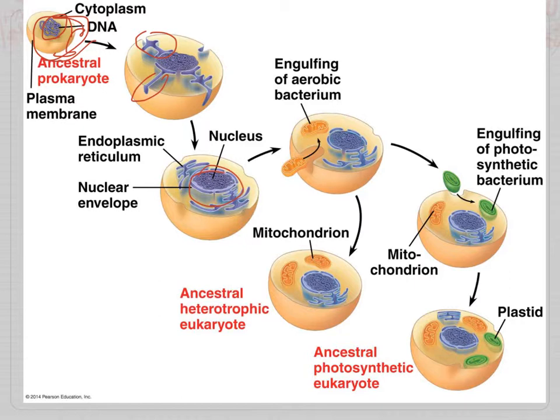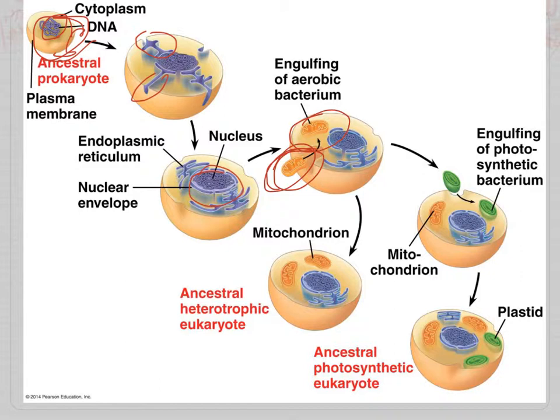This cell actually took in an aerobic bacterium, so one that was using oxygen to create a food source for itself. So this one takes in this bacteria, and that bacteria started to live inside.